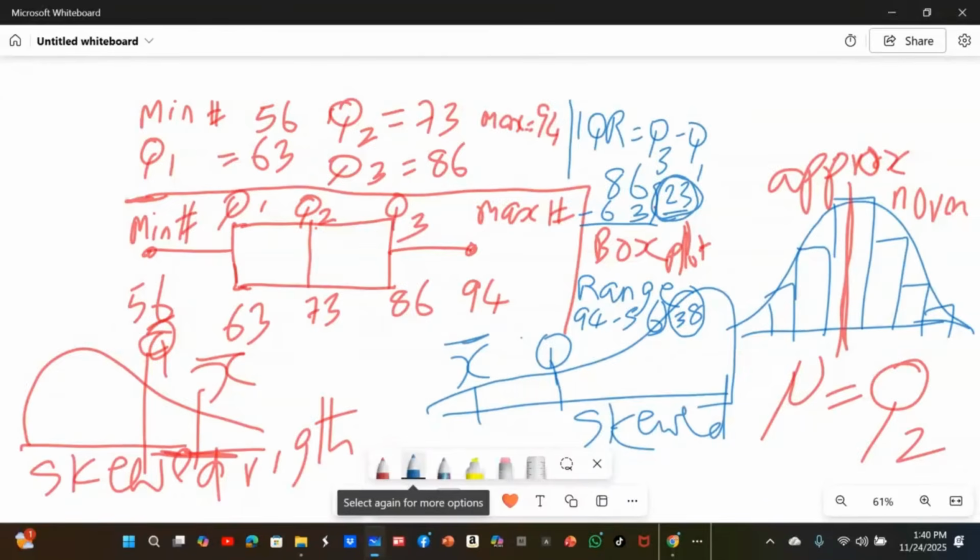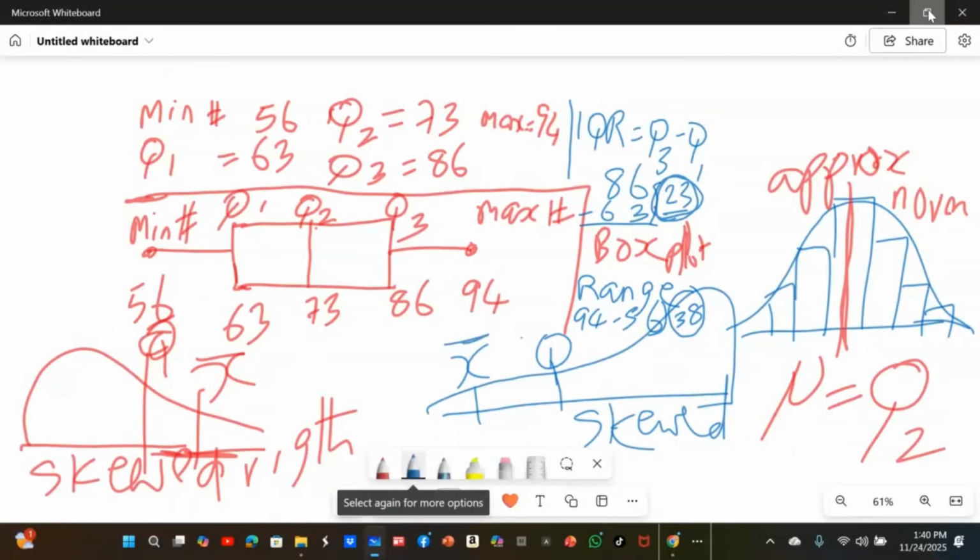There are so many kinds of density curves, but we are only interested in approximately normal, skewed left, and skewed right distributions.